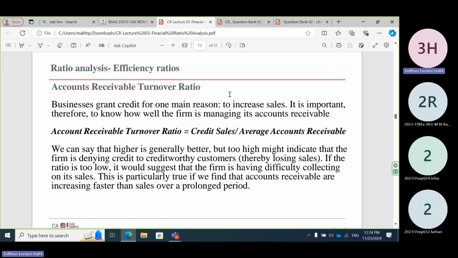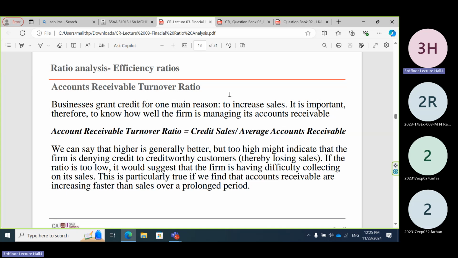So then, in accounting terms, what do you mean by current asset? Current asset and current liability. As well, case one. Current asset. You know, right?